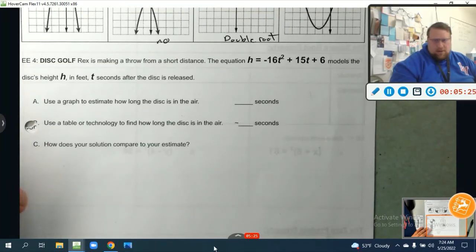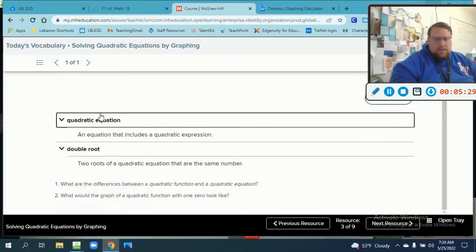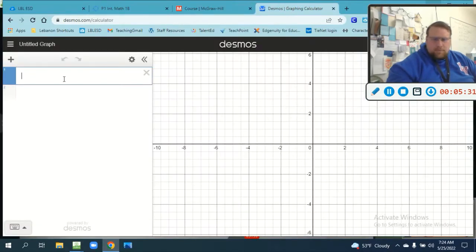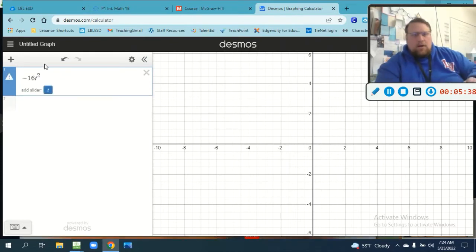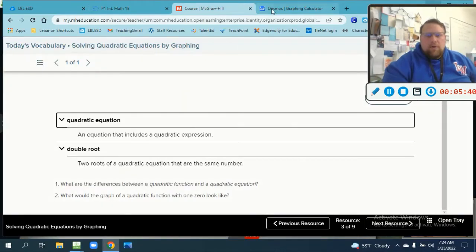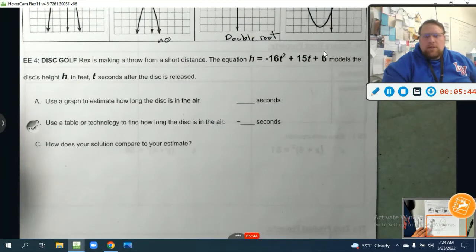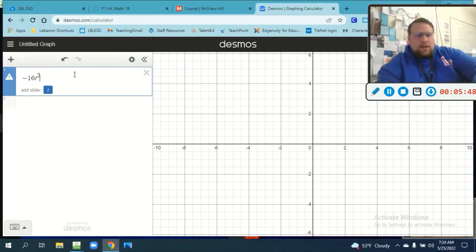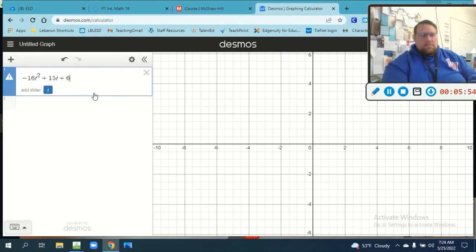So let's look right here. We're going to use Desmos to help us out. That's negative 16t squared plus 15t plus 6.